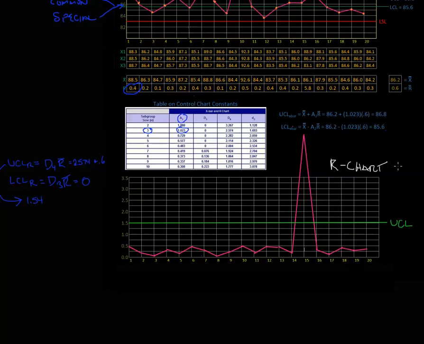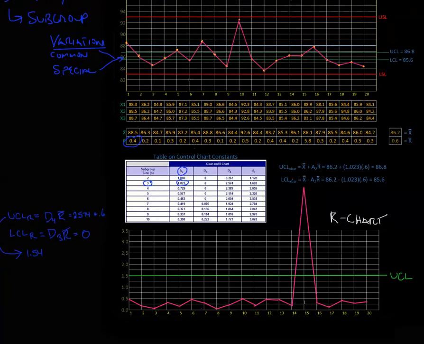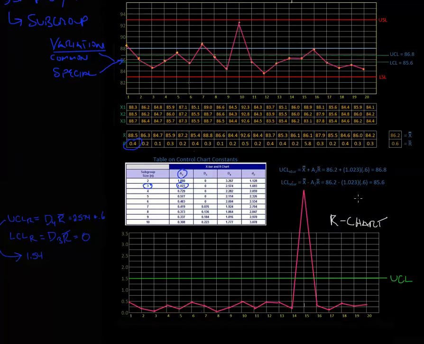So what are we saying here? Let's interpret that one more time. Now this is our R chart. We have a control limit for our R chart of 1.54. Now on this chart, take a look at this. Most of our values are below the control limit. In other words, the range or the variation within our samples is very similar to the sample to sample variation of our range.